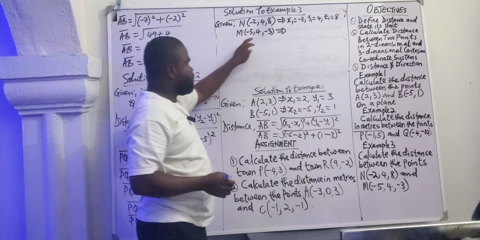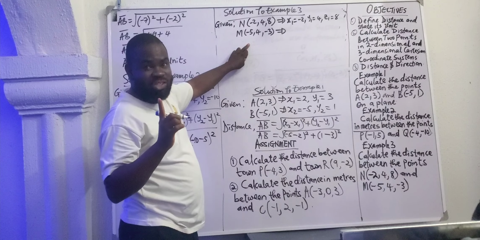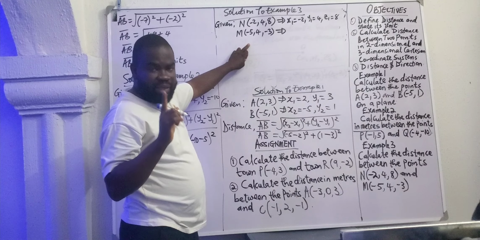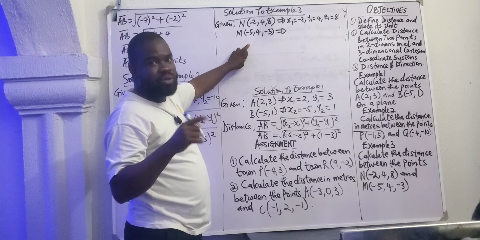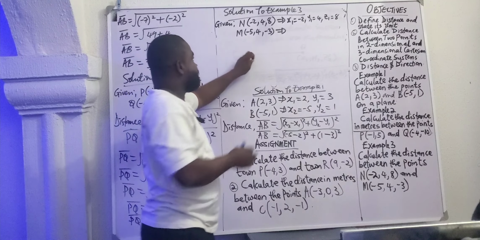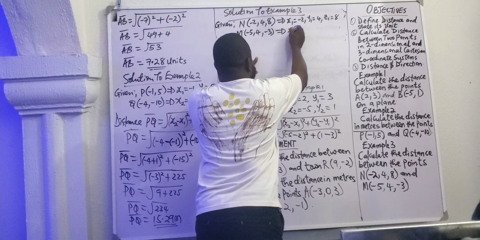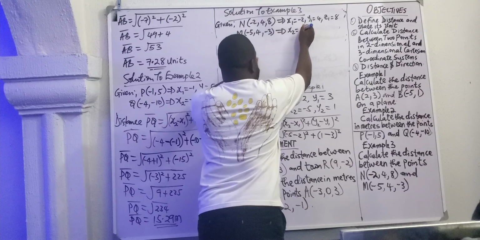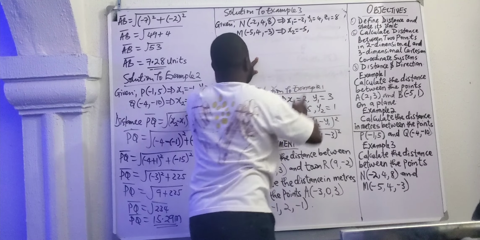What does that mean? Once again, the first value is the S coordinate, the value in the S axis, also called the abscissa. So S2, that is the second point, is minus 5.